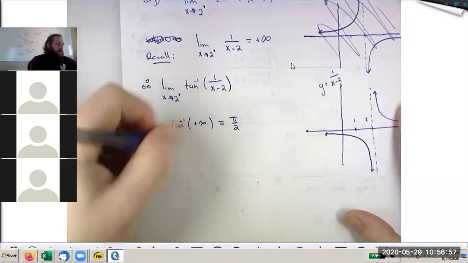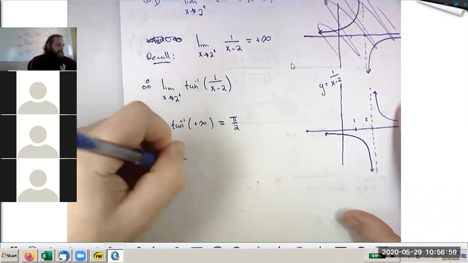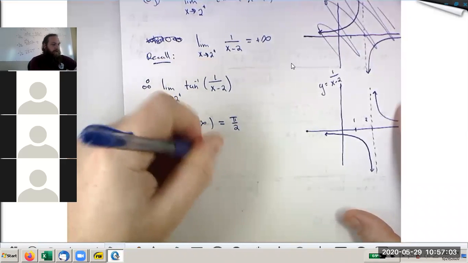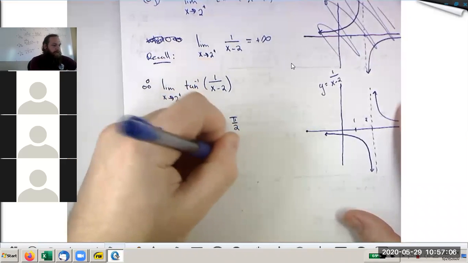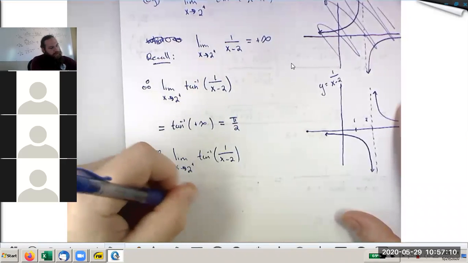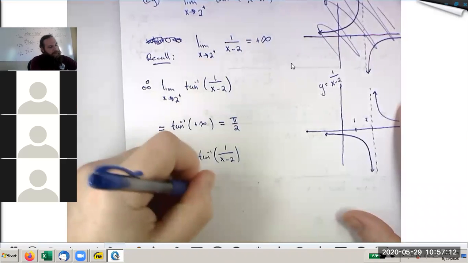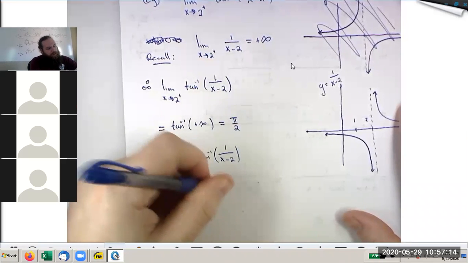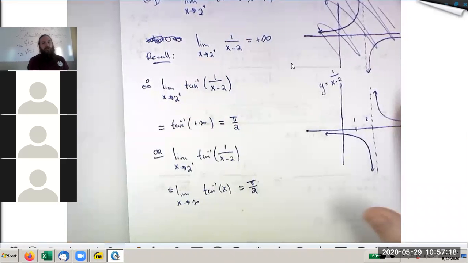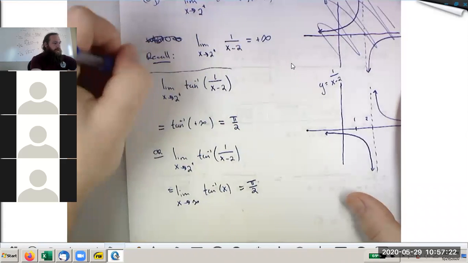Or you could say that it's equal to the limit as x goes to infinity of the inverse tangent of x, which is still pi over 2. I'm partial to this approach.